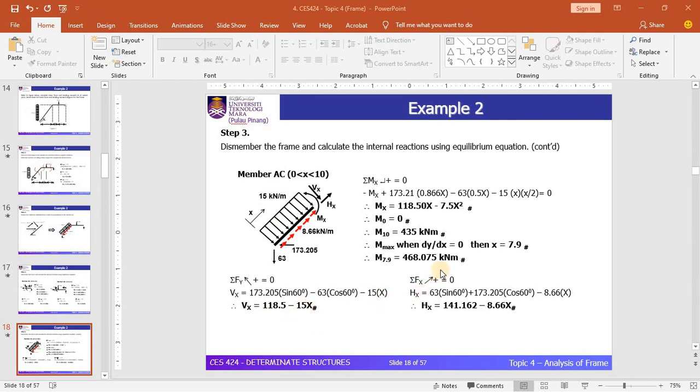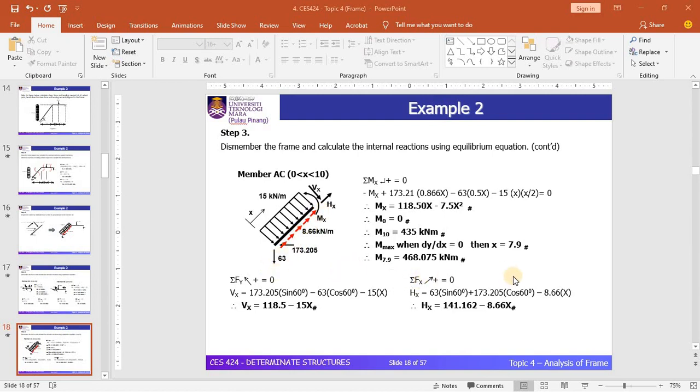For the axial force, you need to consider all the loads in the direction of x, which is the local axis. In this direction you have the 8.66 kilonewton per meter UDL acting along the member, and you need to resolve the components of the reactions at support, 173 and 63, into this direction.